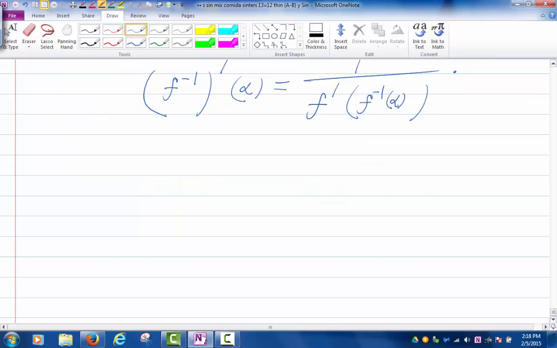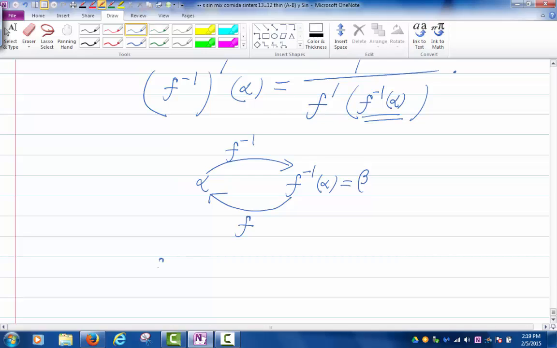One thing I want to emphasize when we look at this formula is that it should make sense. Why? See, alpha is in the domain of f inverse. Alpha may not be in the domain of f prime. So here is alpha, and it is in the domain of f inverse, and here is f inverse of alpha, and let's call that beta. So f inverse takes alpha to beta. Well, then you know that f takes beta to alpha, right?